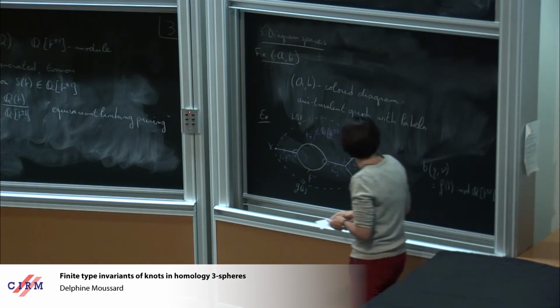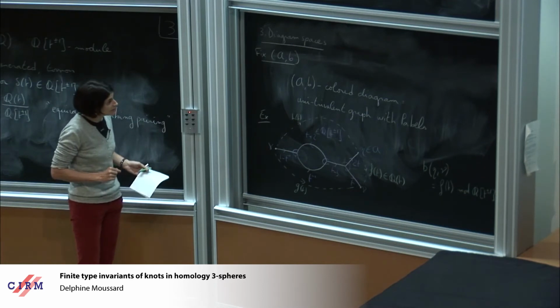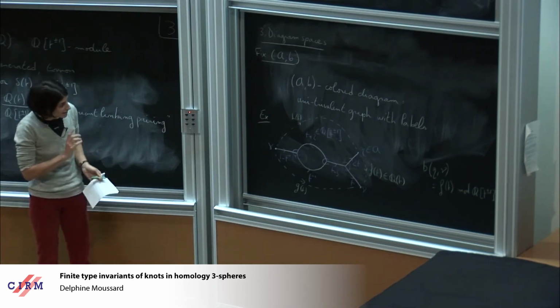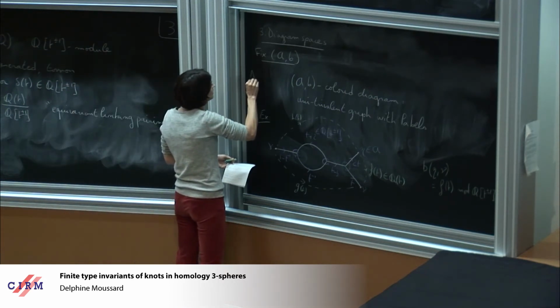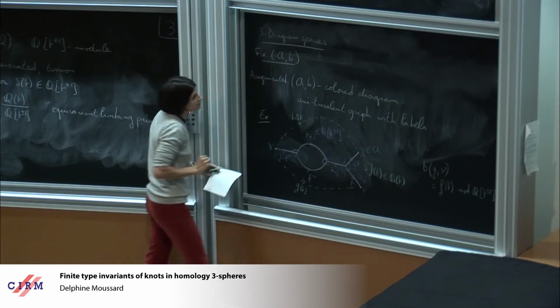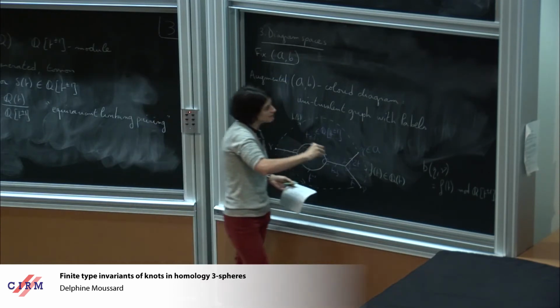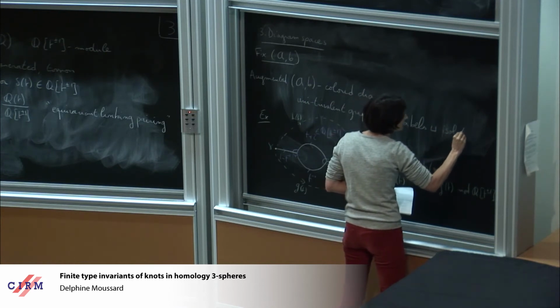So these are our AB-colored diagrams, and indeed we add one more thing. We will consider augmented AB-colored diagrams, meaning that we add some isolated vertices.